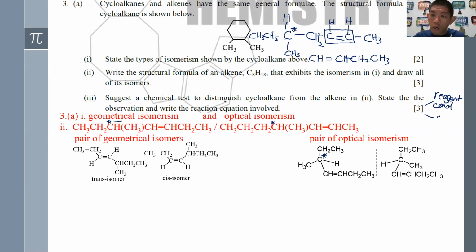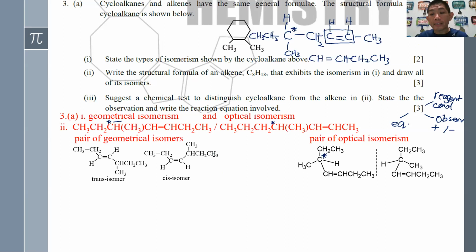Number 2, observation, which is a positive and negative test. You have to show both positive and negative tests. And finally, equation.